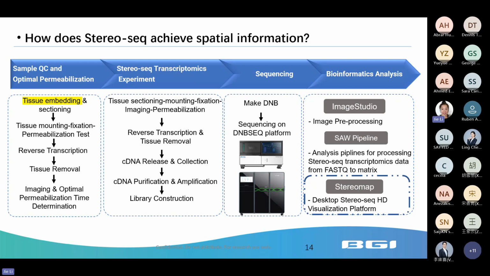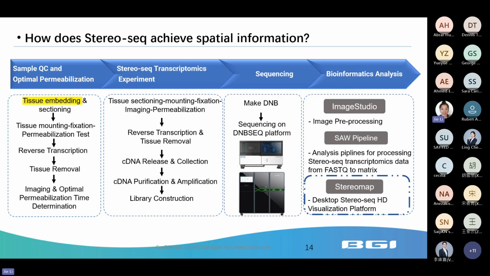And for the bioinformatic analysis, basically we have 3 major software tools to do our standard analysis. We use ImageStudio for the primary image QC of our samples, and the SAW pipeline to localize the samples with their spatial information and their gene expression information.